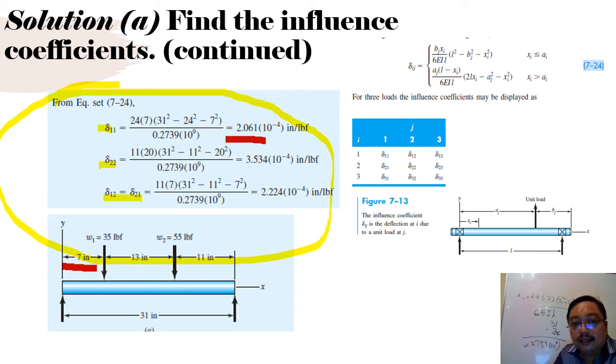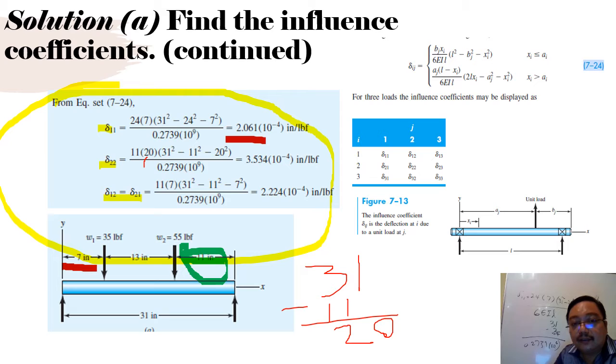The same goes here: this portion here is 11. So 31 minus 11, you get 20. Here is 20.